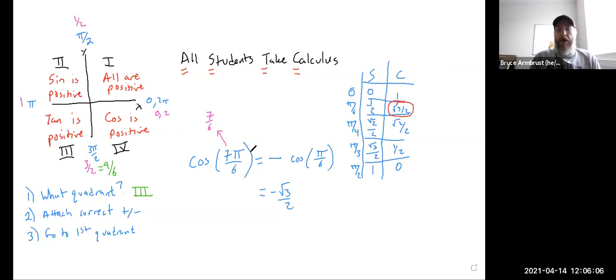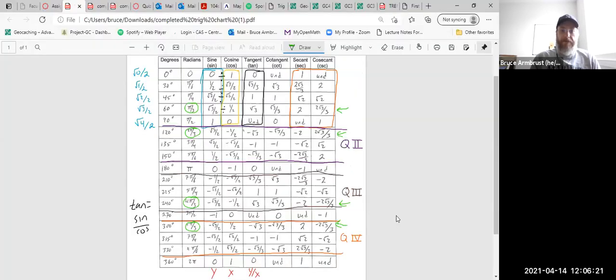But the better we are at being able to get these numbers, the easier everything else is going to be. Okay, so cosine of 7 pi over 6 is minus root 3 over 2. And if we go back to that trig value chart, 7 pi over 6 cosine, hey, look, is minus root 3 over 2. All right, so it will always work. You can always build your chart this way.